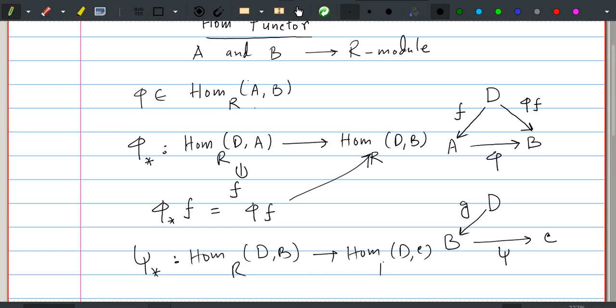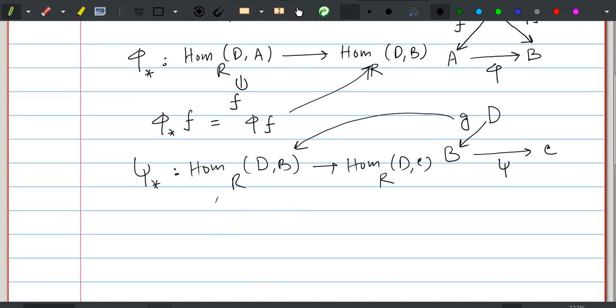These are R module homomorphisms, because G belongs to this set. When this psi star acts on G, we get an R module homomorphism from D to C, given as psi G. So let us define psi star such that psi star of G equals psi G.